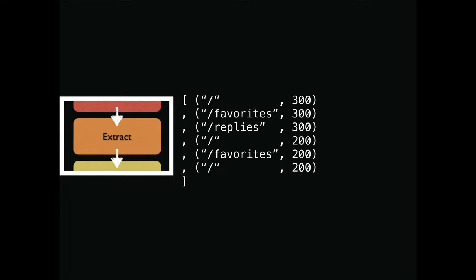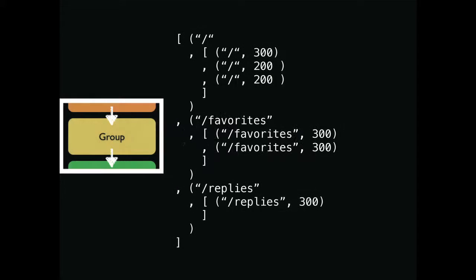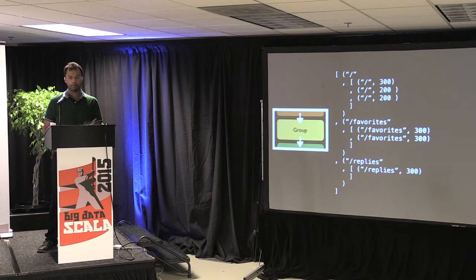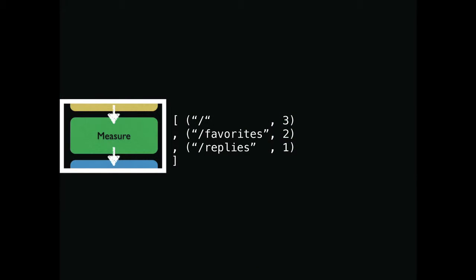I extract only the couple of fields that I care about. In my aggregation job, I perform some grouping, which in this case is grouping by the API endpoint. So I'm computing the count of the different types of response codes based on each API endpoint. So I'm grouping on the API endpoint in this case. So I essentially get a map, and then I collapse my map down.